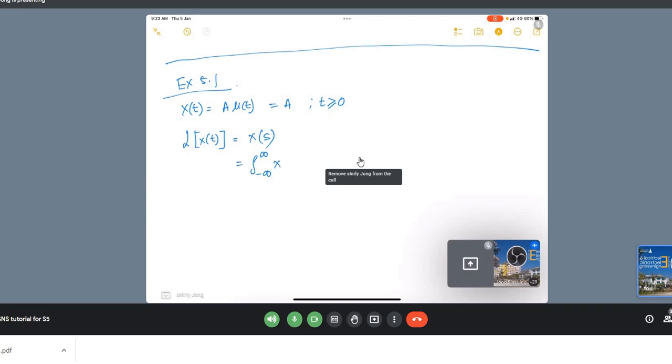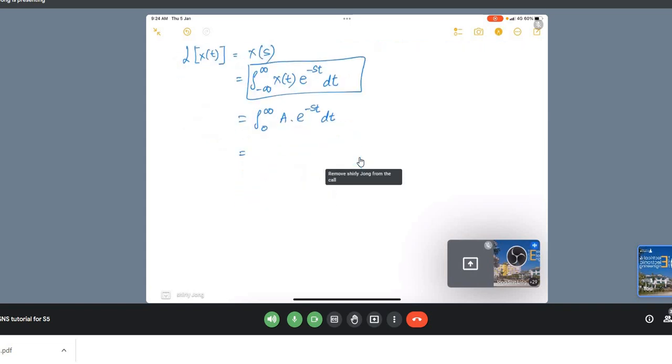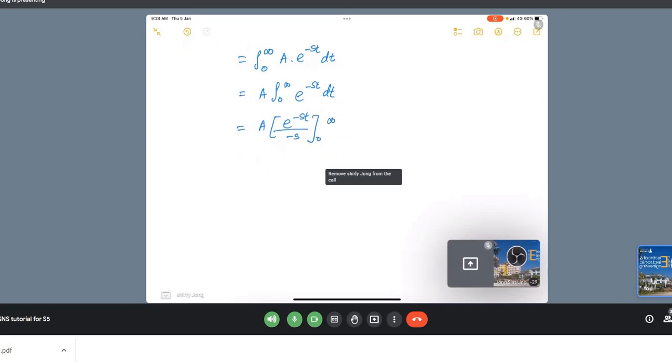This is the formula, so you can familiarize yourself with it. Then I substitute in the limits from 0 to infinity. x(t) is A. A is a constant, so I can take it out. And then I integrate. What can I get?